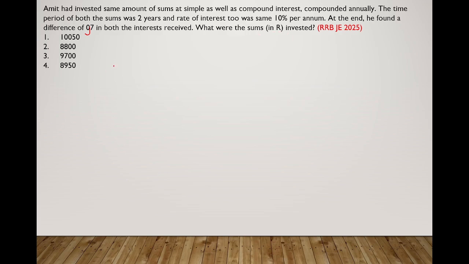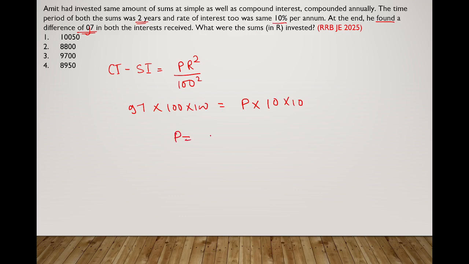As I discussed, the difference between compound interest and simple interest for 2 years is PR squared divided by 100 squared. He found a difference of 97, so 97 into 100 into 100, and the rate of interest is 10%, so 10 into 10. So P equals 9700. So option number 3 is the right answer. Let's go to the next.